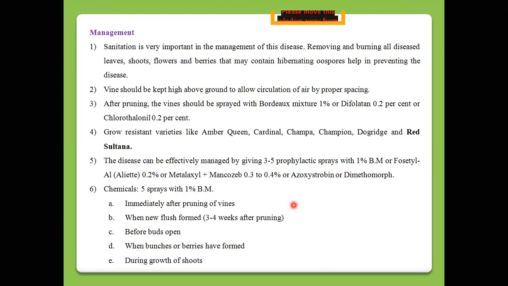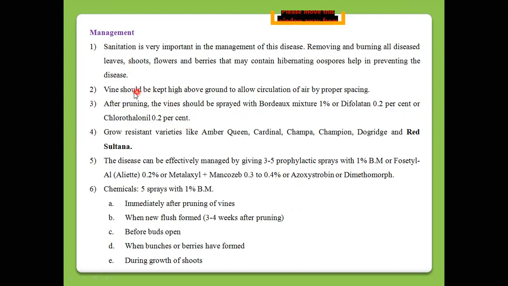So it is necessary to collect such infected leaves or any plant parts and burn them properly. Then after pruning, the grapevine should be sprayed with 1% Bordeaux mixture or dipolydol 0.2% or chlorothalonil 0.2%.